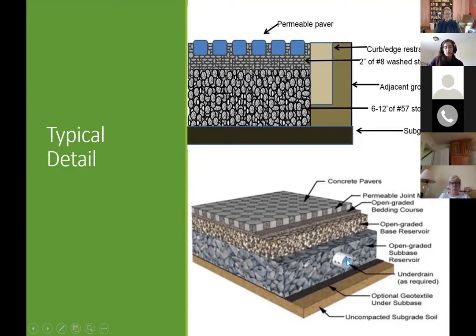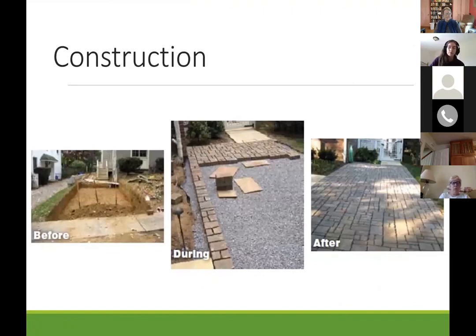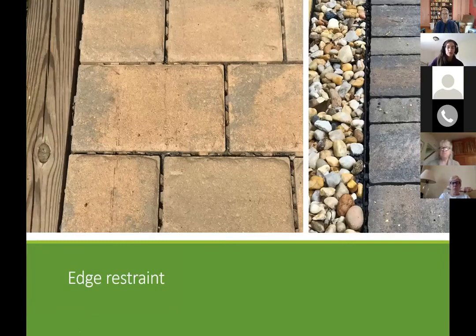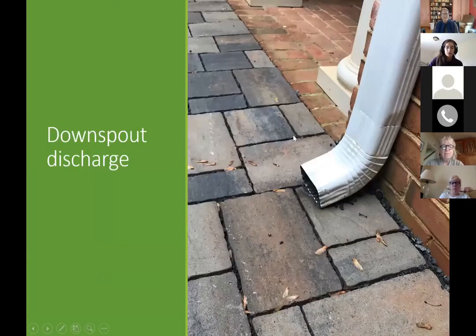An underdrain might also be a part of that solution. This is an example from Montgomery County's program, I believe, over in Maryland. So that excavation, the installation of that subgrade, that gravel layer, and then putting the pavers on top. Examples of construction. We don't need to discuss edge restraint.